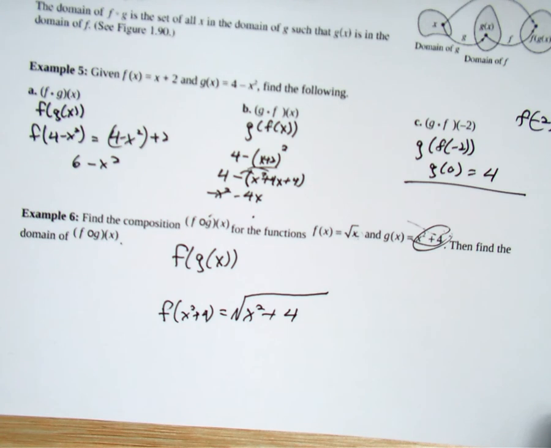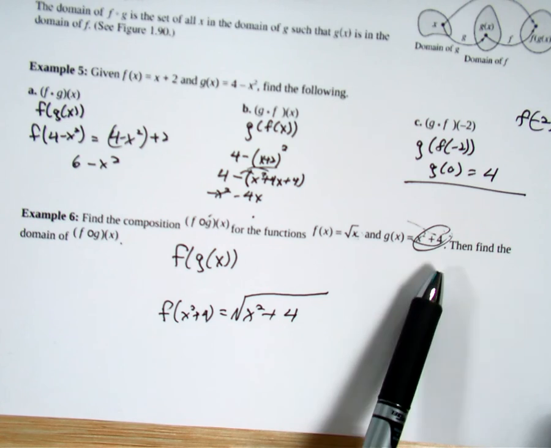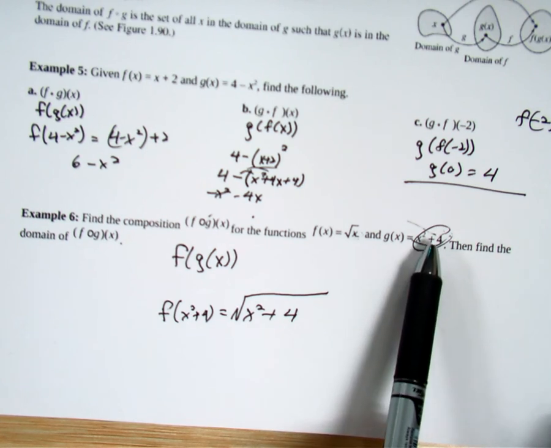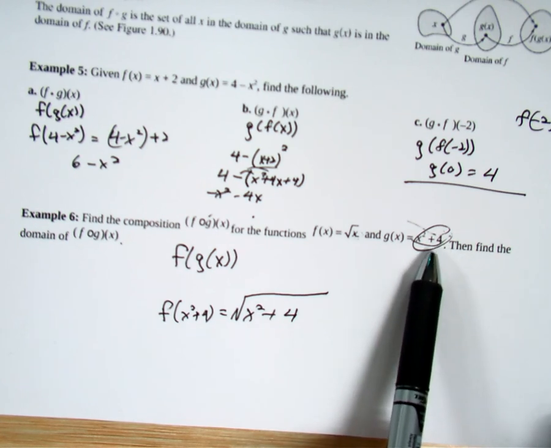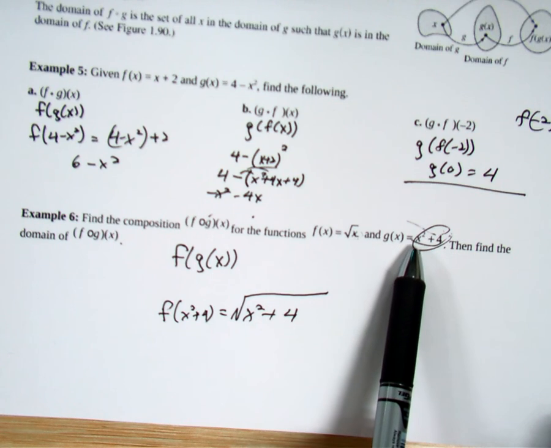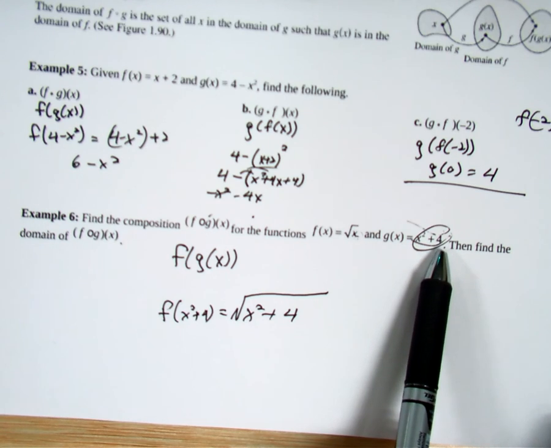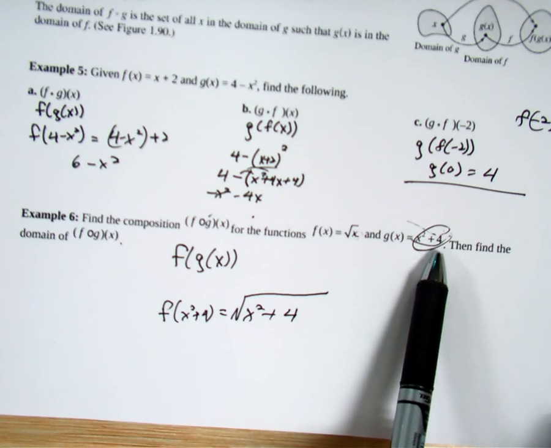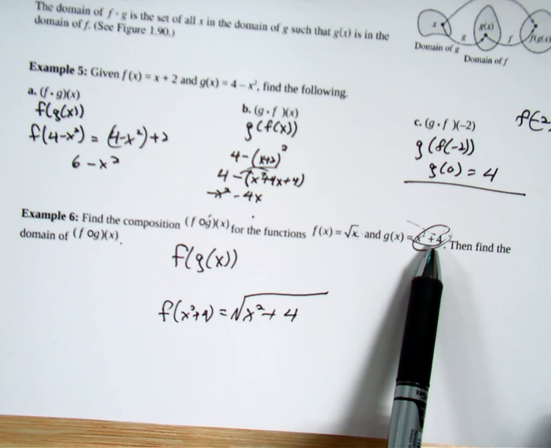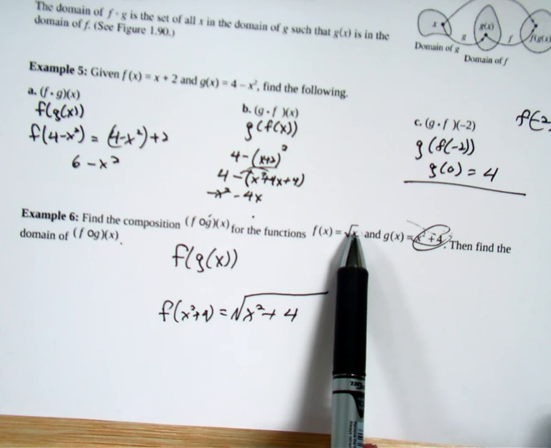Okay, now we got to think about the domain. The domain for g of x is all real numbers. No issues here. But anything that we put into this is going to come out positive. In fact, the smallest it could be is 4. Would 4 and numbers bigger than 4 give me any issues over here?